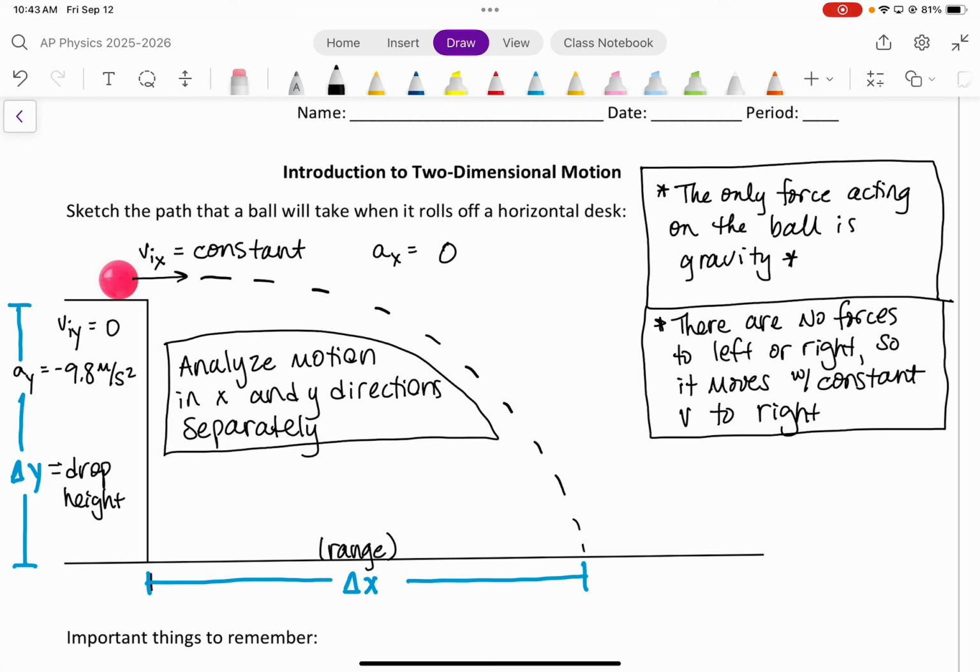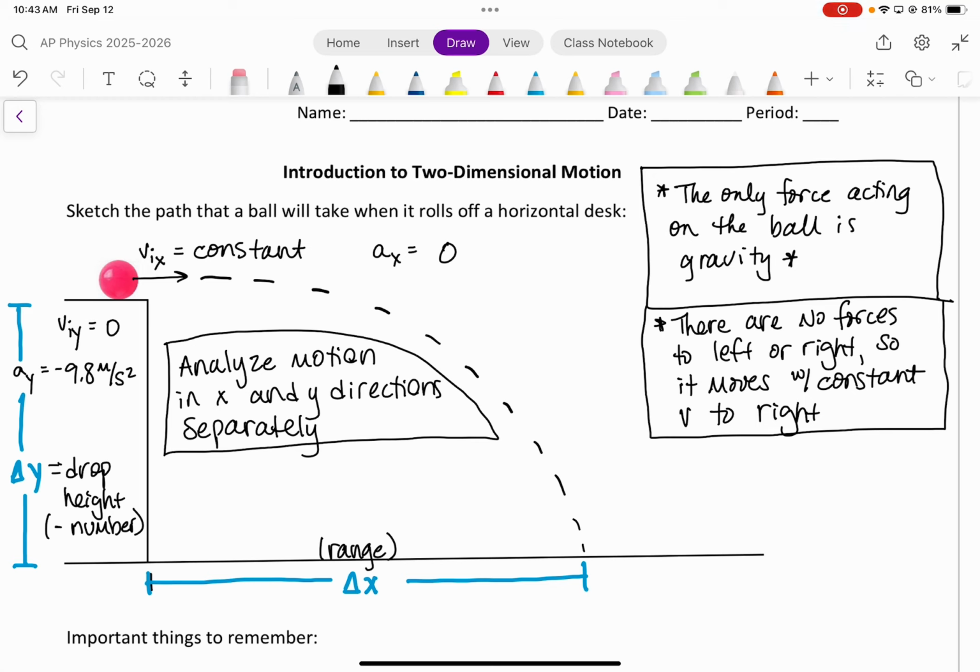The drop height is going to be a negative number because it is moving down. So this ball is going to have constant velocity to the right, but it's going to start with a velocity downward that starts at 0 and accelerates downward as it goes because of gravity.